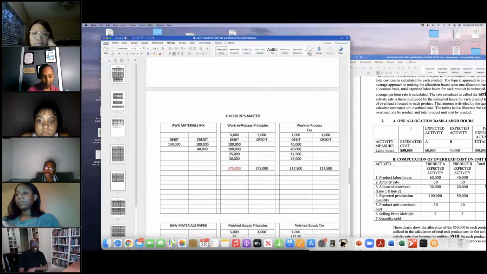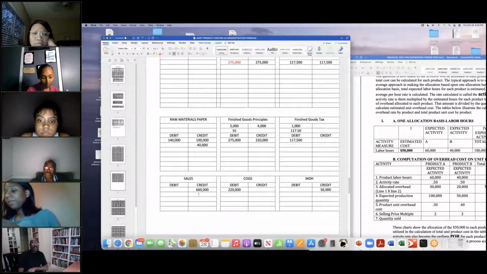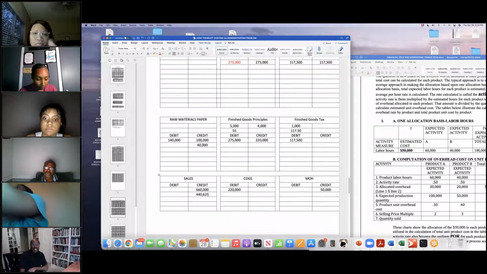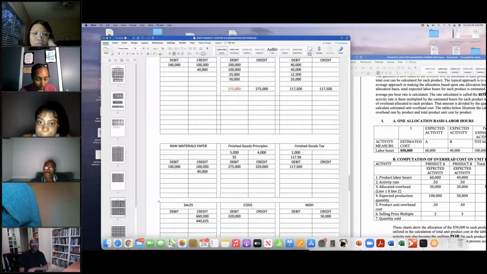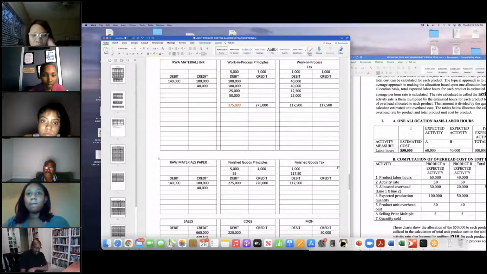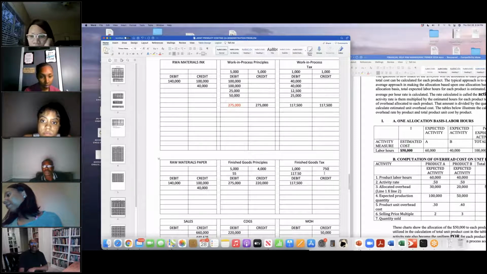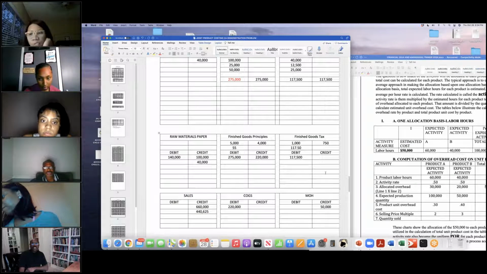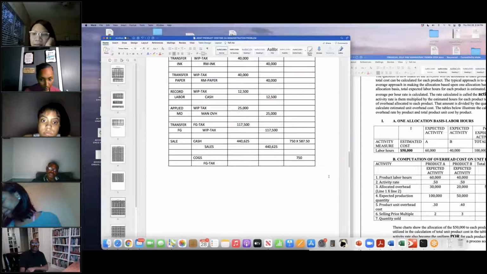So let's put that in: 440,625. And then how much of the cost are we transferring out? We're selling 750. So what's that cost going to be? 88,125.